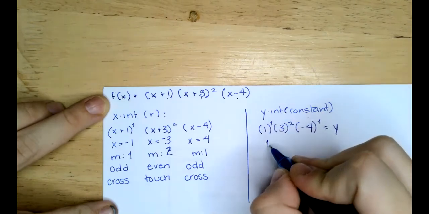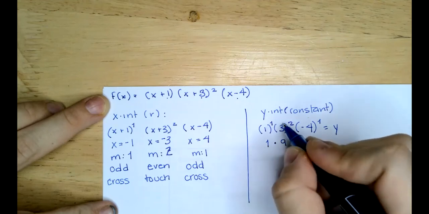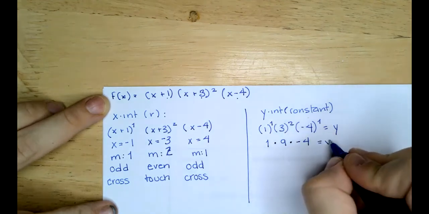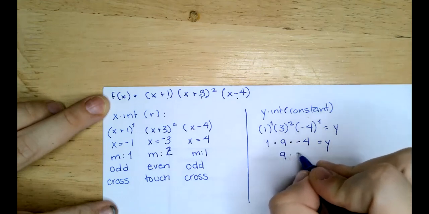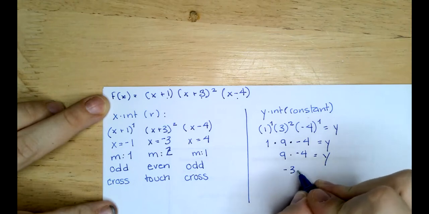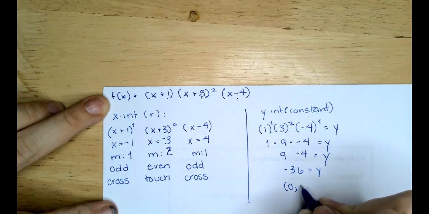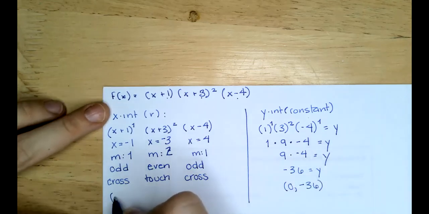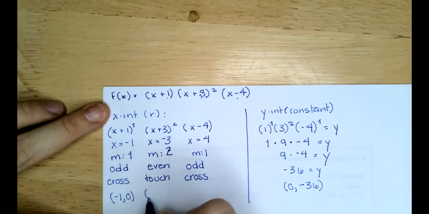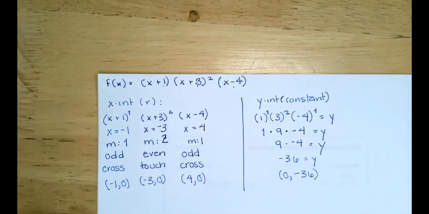So I have 1 times 9 times negative 4, because 3 squared is 9. 1 times 9 is 9. And then 9 times negative 4 is negative 36. So here I have x of 0, y of negative 36. Here I have an x of negative 1, y of 0, x of negative 3, y of 0, and then x of 4, y of 0.